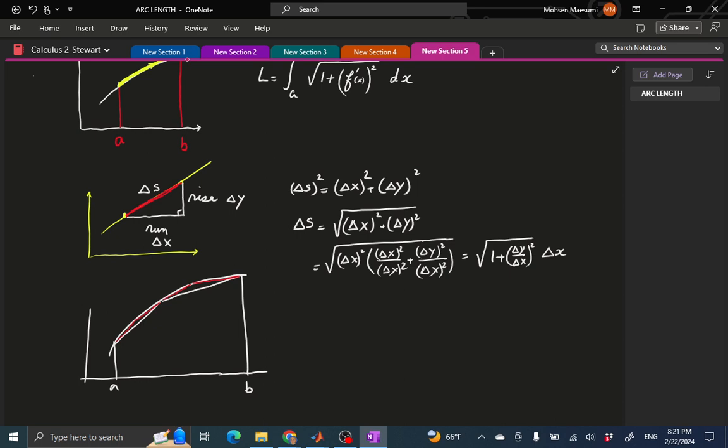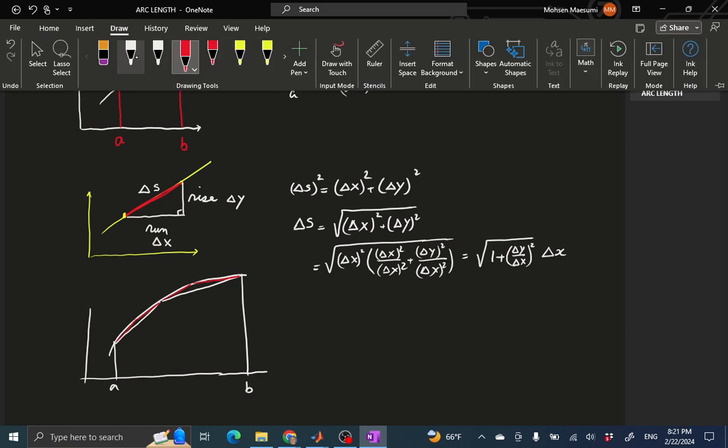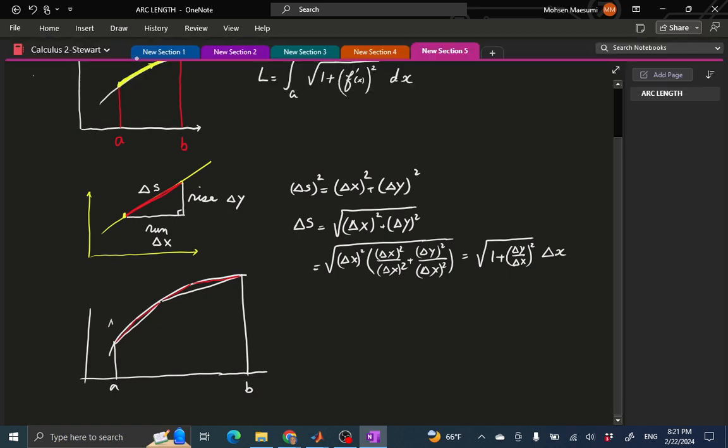And what would I do? I calculate a delta s for each of them. So the very first piece, perhaps delta s1, and delta s2 and delta s3 and delta s4. The length would be, of course, the sum of all of these things.